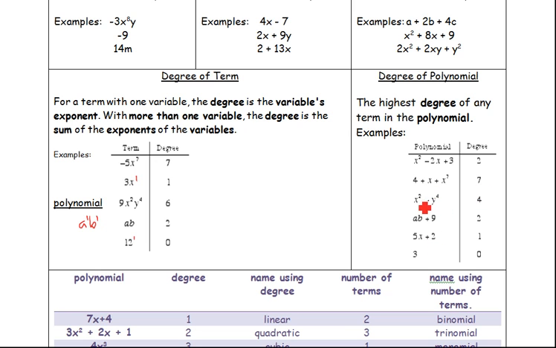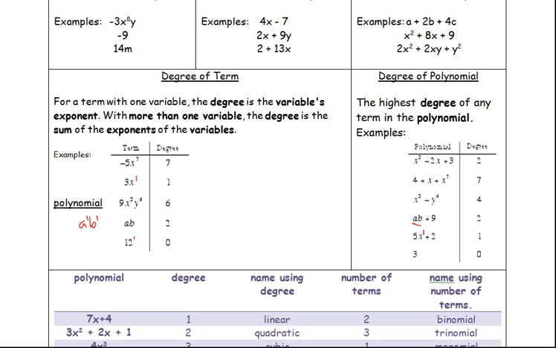Here we have a second degree and a 4th degree. The 4th degree wins. Now again, if you see here, this ab, remember that is a second degree, or a degree of 2, polynomial. So that takes over. Remember, if there is no exponent listed, it's going to be a 1.